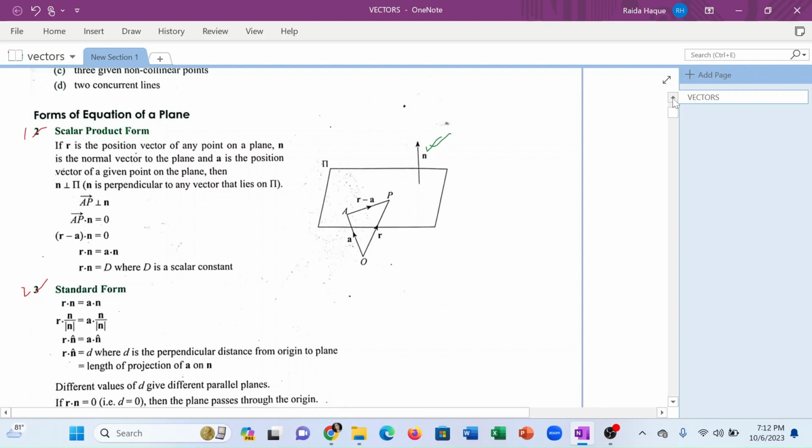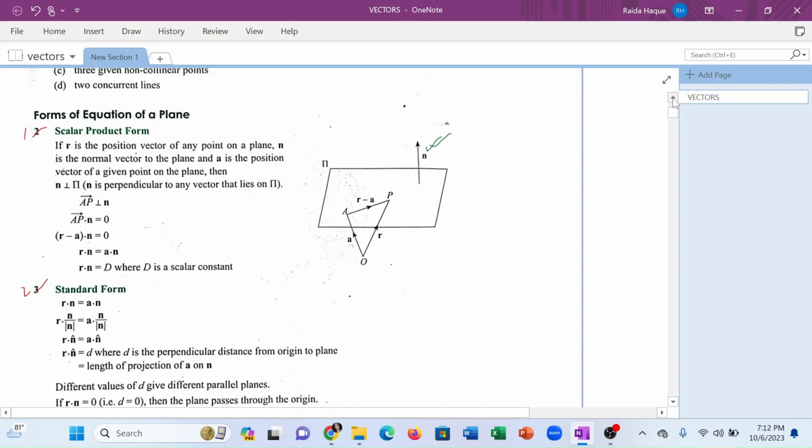And if normal is perpendicular to the plane, normal will also be perpendicular to any line on the plane, because any line on the plane has the same direction vector as the plane. So AP over here is a line on the plane which is perpendicular to the normal.